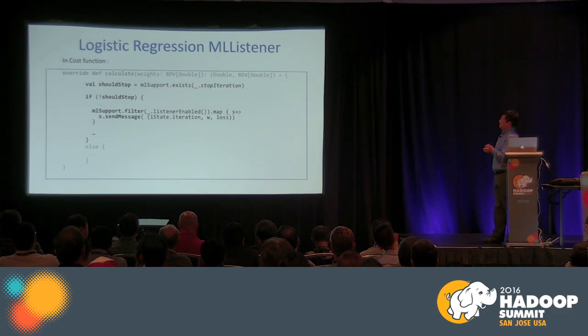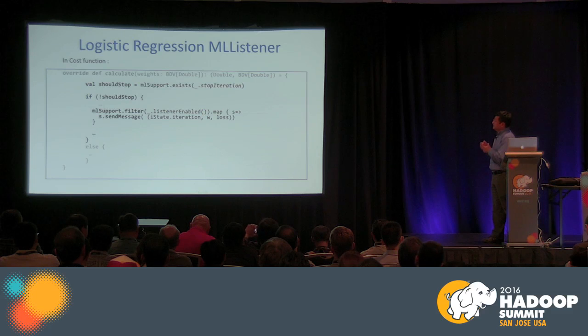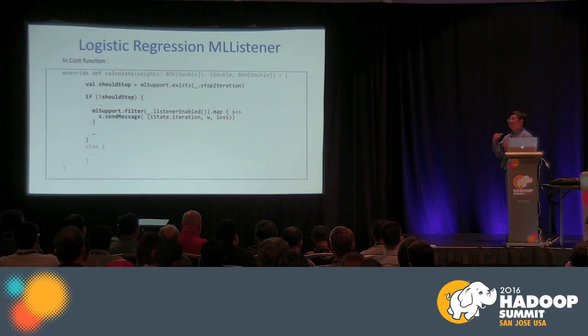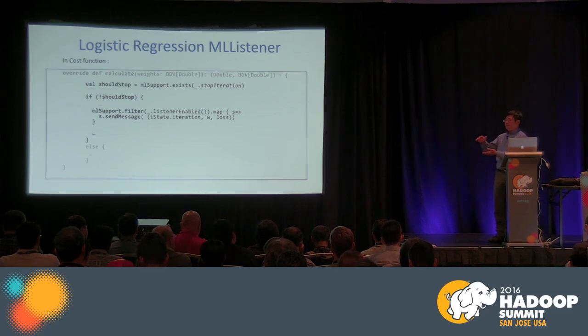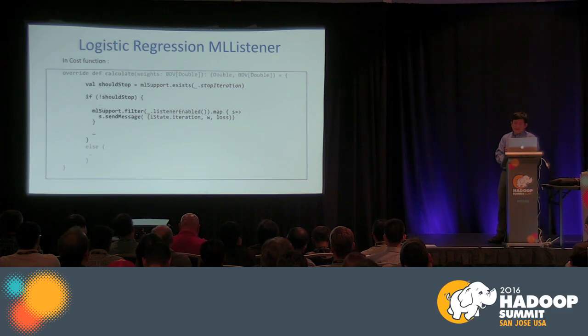Here the message is just the iteration, the loss, like the cost, the weight vector, and the state. Essentially the same things. On the visualization side, instead of plotting the clusters, we plot the residual plots for the convergence. Linear regression is almost identical.